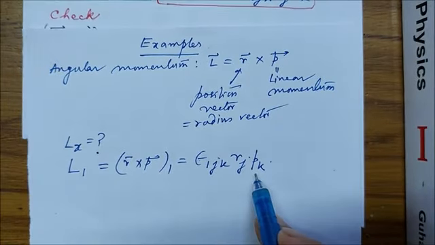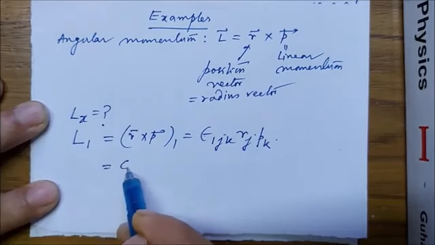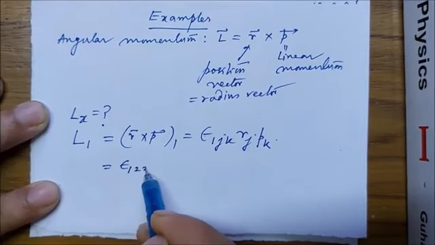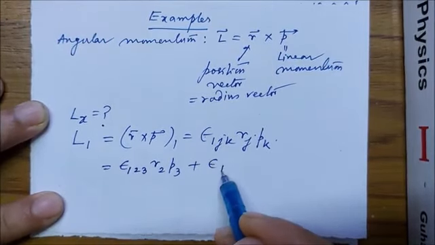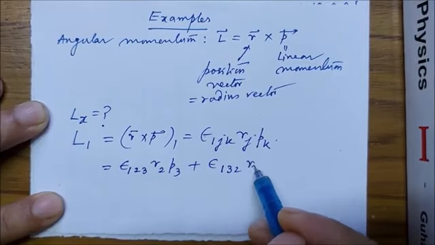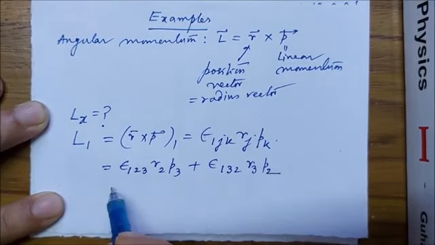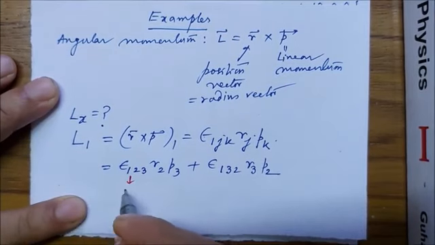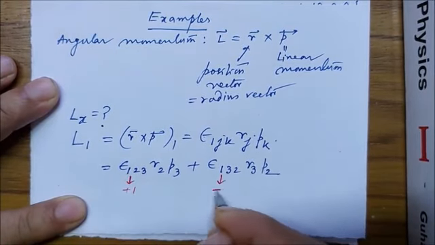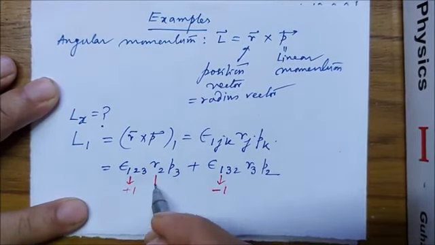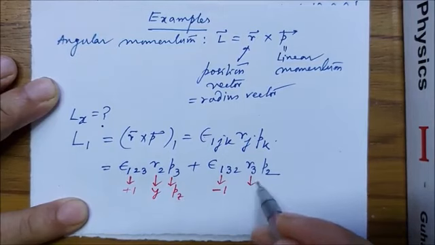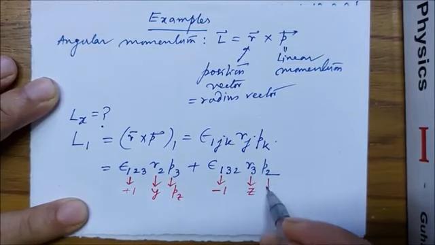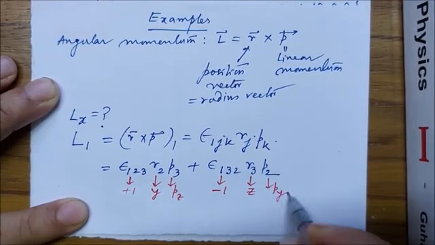and this on expansion gives us, this is plus 1, this is minus 1, r2 is actually y, p3 is obviously pz, r3 is z, p2 is py.